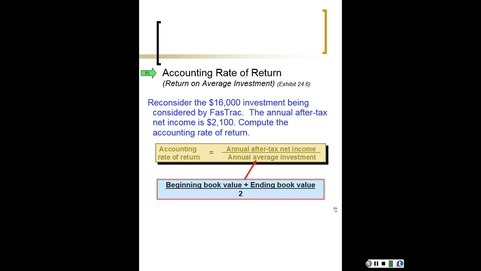Accounting rate of return, write it down in words, is equal to annual after-tax net income divided by annual average investment, which is beginning book value plus ending book value. And let's discuss what book value is. Book value is simply how much did we buy this asset for less the accumulated depreciation.